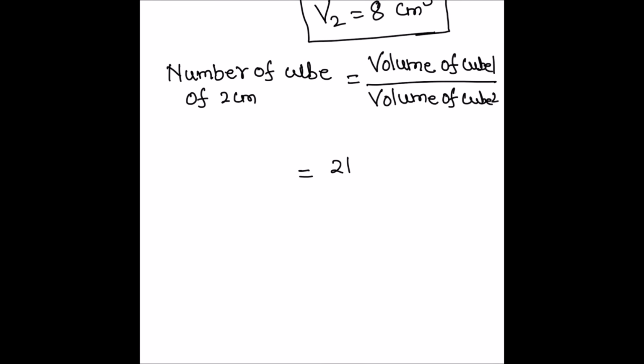V1 divided by V2 is equal to 216 divided by 8 cubic centimeter. So let's divide.